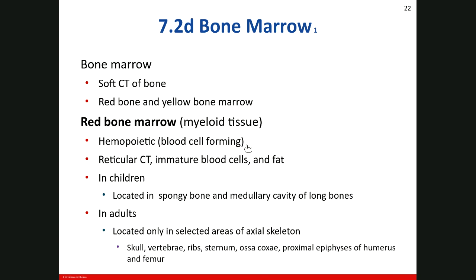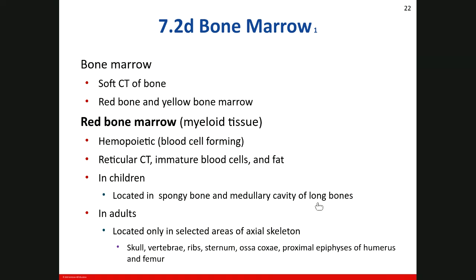In this tissue, we have reticular connective tissue full of reticular fibers. We have immature blood cells, and we have many fat cells or adipocytes. In children, this red bone marrow is located in the spongy bone and the medullary cavity of all of our long bones.